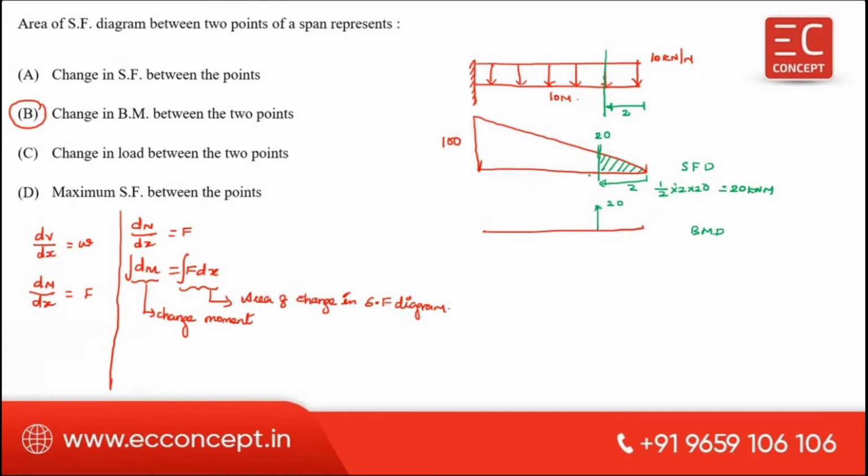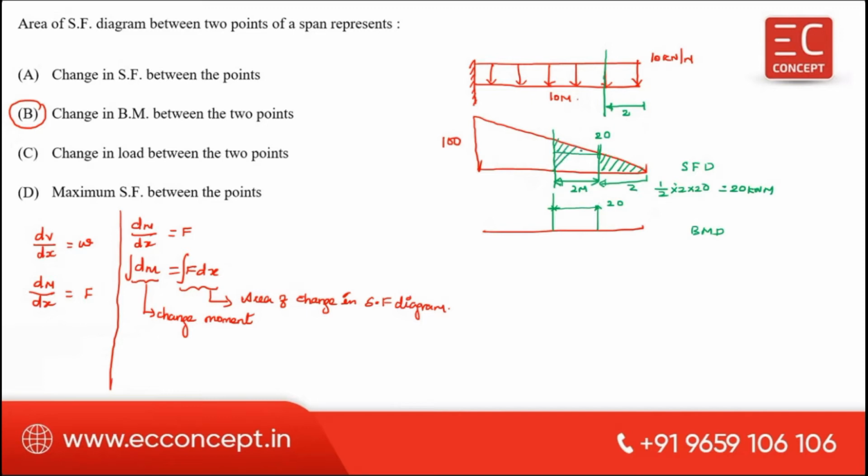Suppose you want to calculate for the next 2 meter distance. What is the bending moment at this point? The bending moment at this point is a change in value. This is 20. This change in bending moment is equal to the change in area.